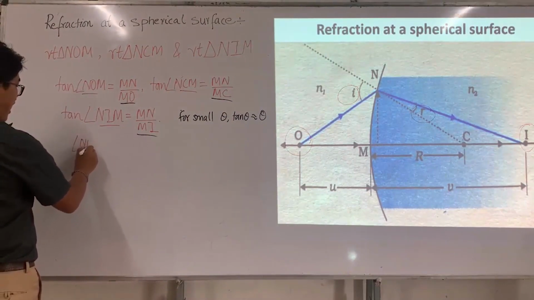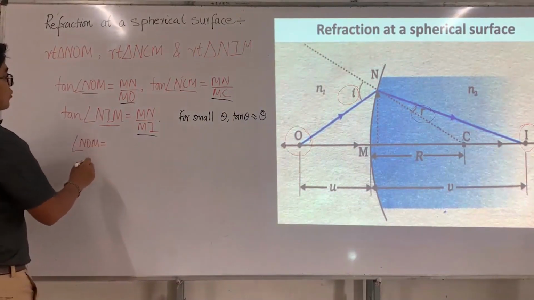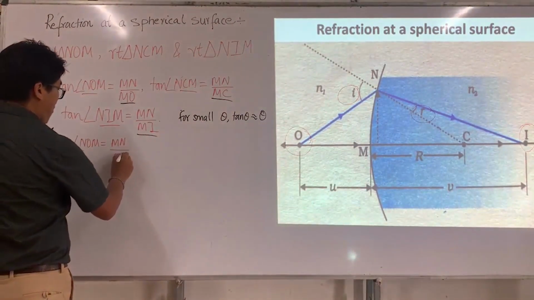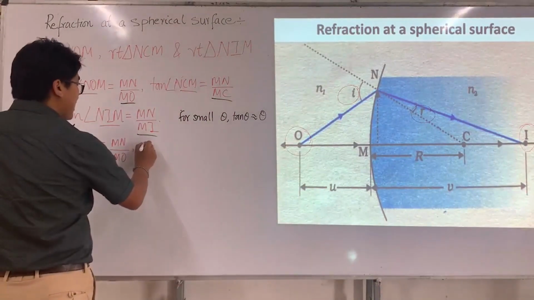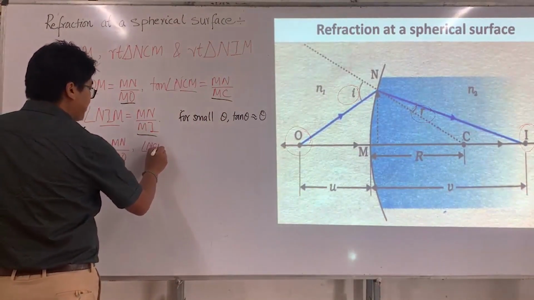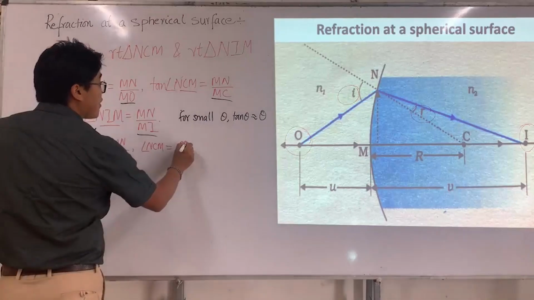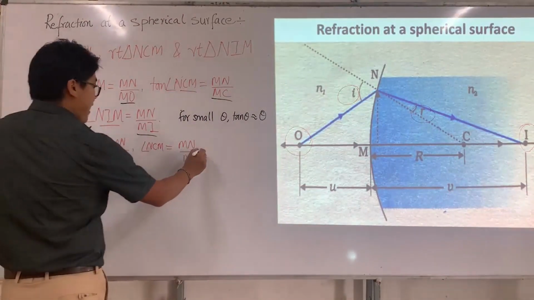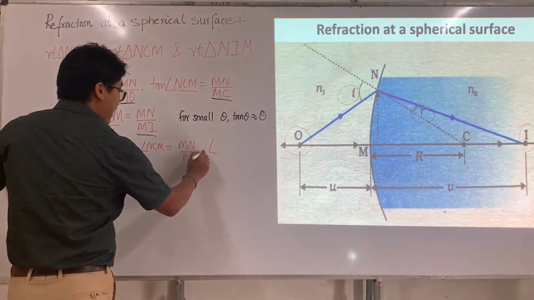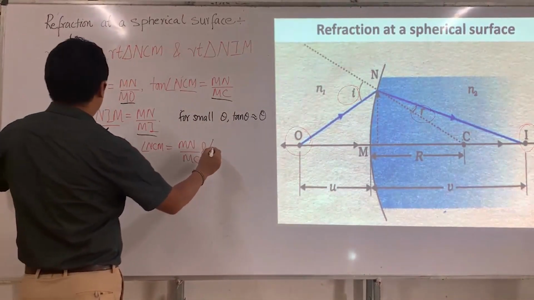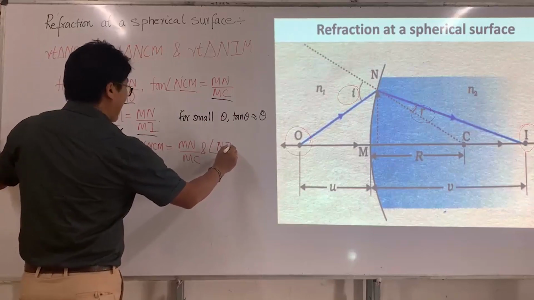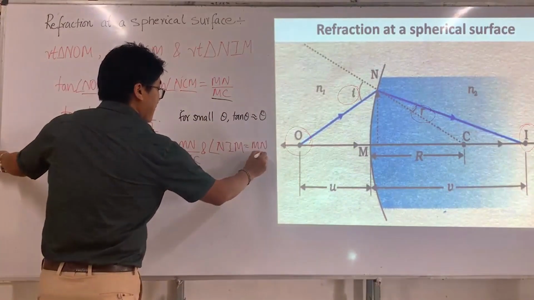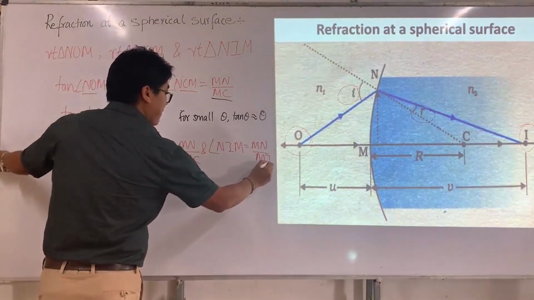Angle NOM is equal to MN divided by MO, angle NCM is equal to MN divided by MC, and angle NIM is equal to MN divided by MI.